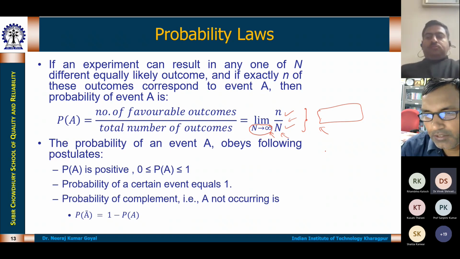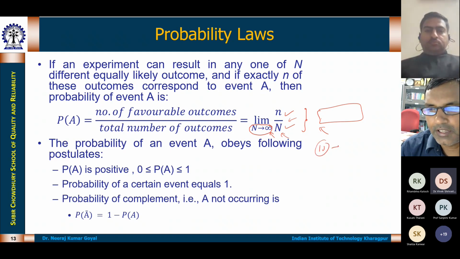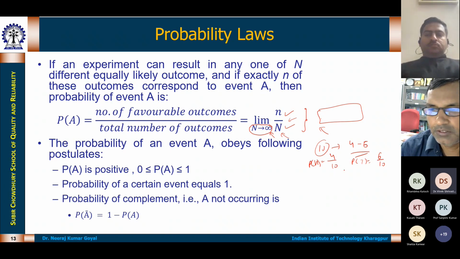So let's say if I toss a coin 10 times, I get head 4 times, I get tail 6 times. In that case, 4 by 10 will be my head probability, and probability of tail will be 6 by 10, 0.4, 0.6.